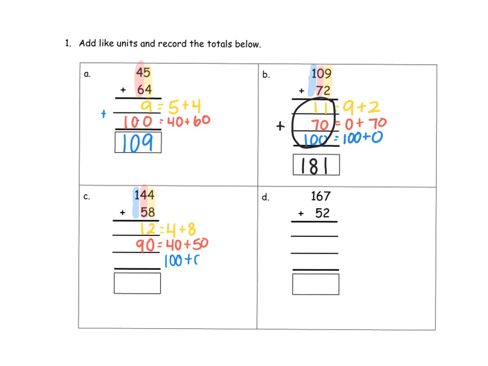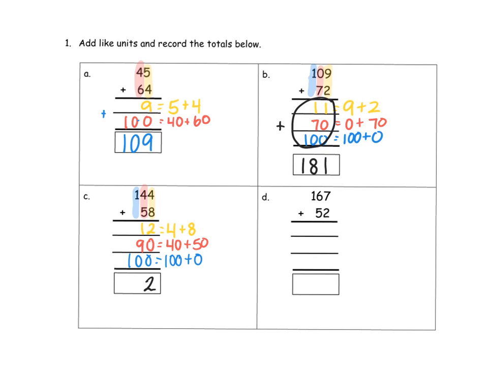100 plus 0 still equals 100. So now I'm going to see that I'm going to have to do some carrying over in order to solve my tens place number. So I see 2 plus 0 plus 0 still leaves me with 2 down here.